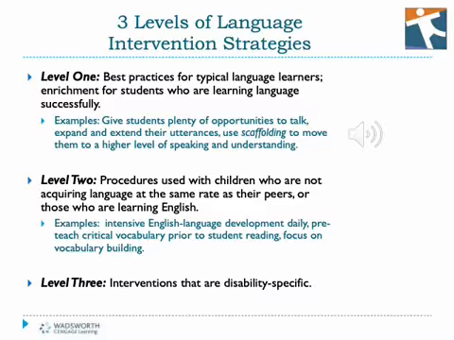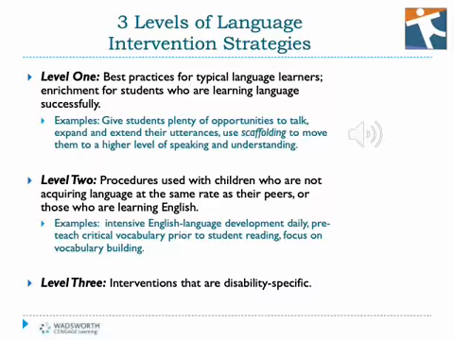Level 2 requires procedures to be used with children who are not acquiring language at the same rate as their peers, or for those who are learning English as their second language.